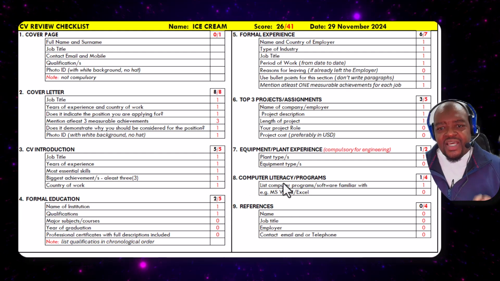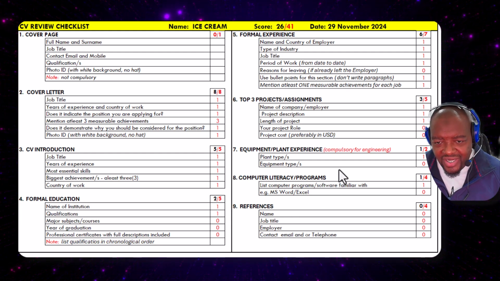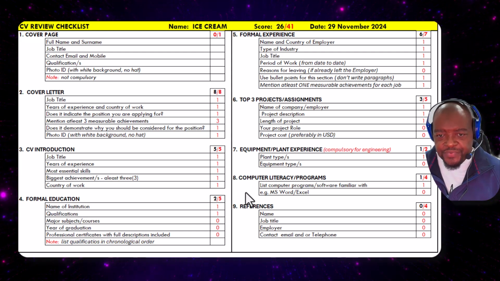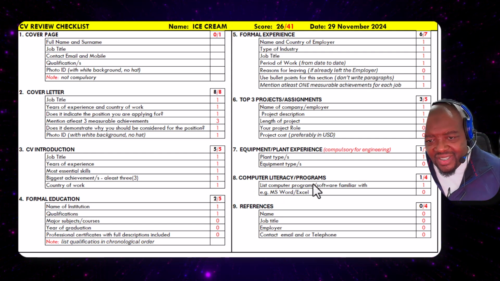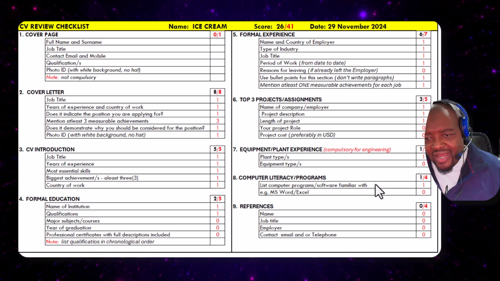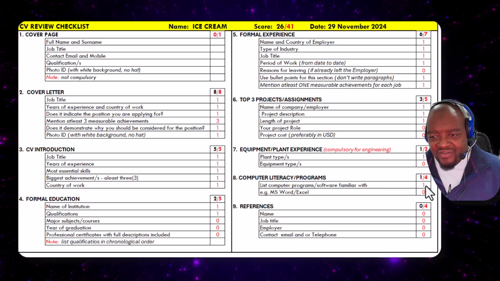Computer literacy, he does not have a separate section for computer literacy or programs, which I still want him to include. He did not include this. However, he had only mentioned as part of his jobs that he's using the computerized maintenance management system. So I just give him a 1.